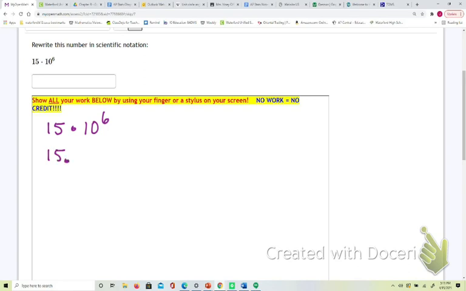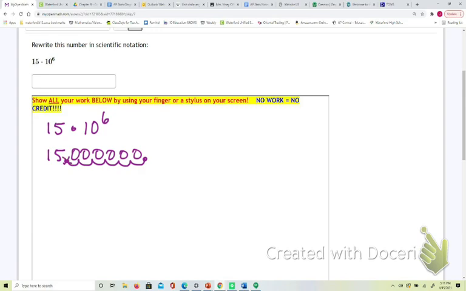Now, it's times 10 to the 6th, and it's a positive 6, so we're supposed to move the decimal to the right. If the exponent is positive, you move the decimal to the right. So I'm going to move it to the right 6 spaces. 1, 2, 3, 4, 5, 6. And then I'm going to put my zeros in.